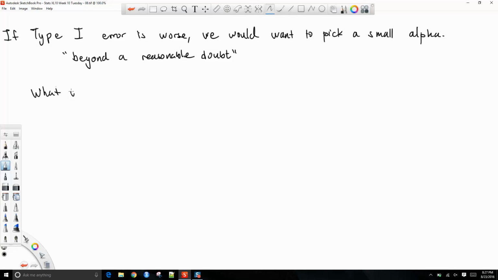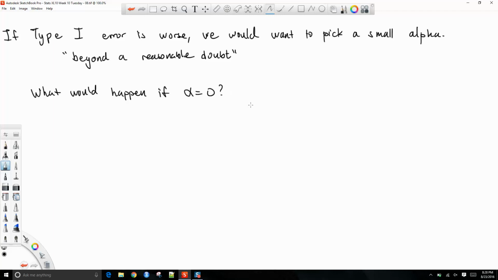Let's say you have a judge who has this moral conundrum and says, I never want to send an innocent person to jail. That's a reasonable conviction for a judge to have. What would happen if alpha equals 0?